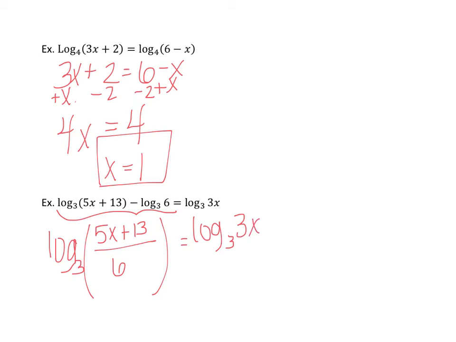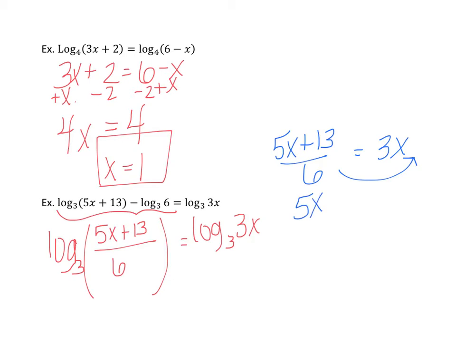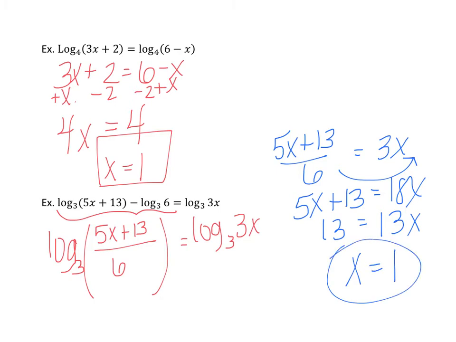Now I'm just solving 5x plus 13 over 6 equals 3x. Multiply my 6 over. 5x plus 13 equals 18x. 13 equals, subtract your 5x, 13x. x equals 1.